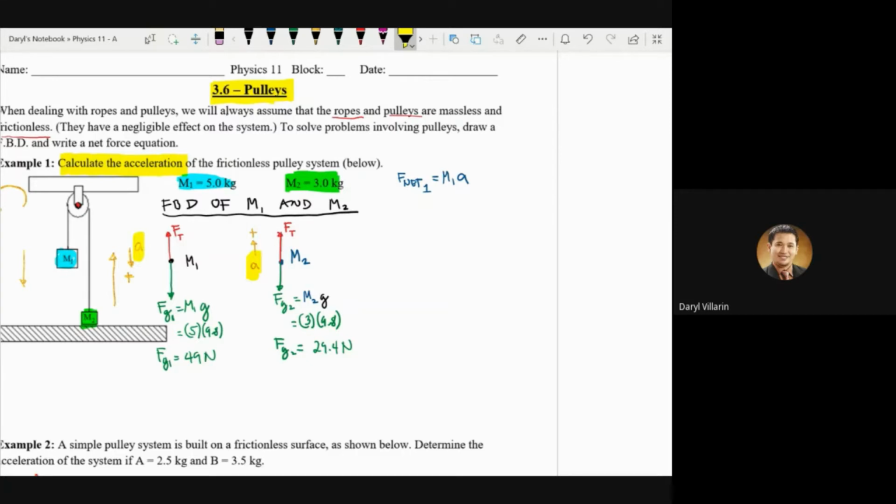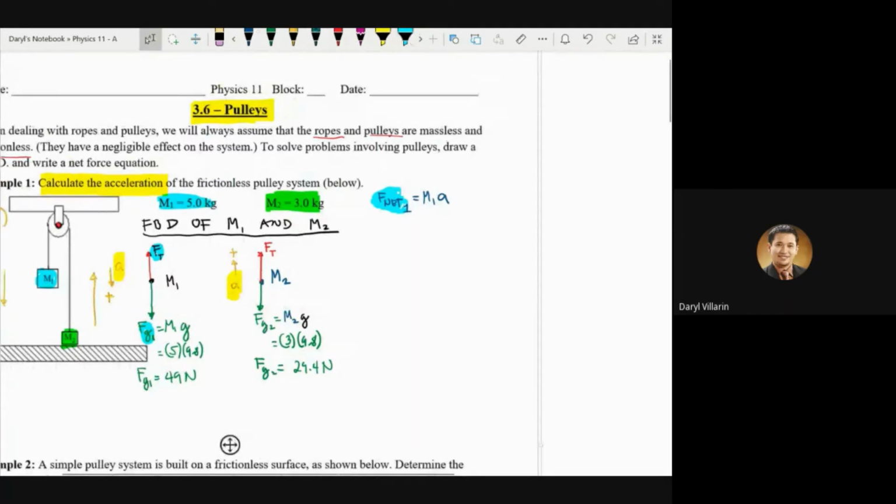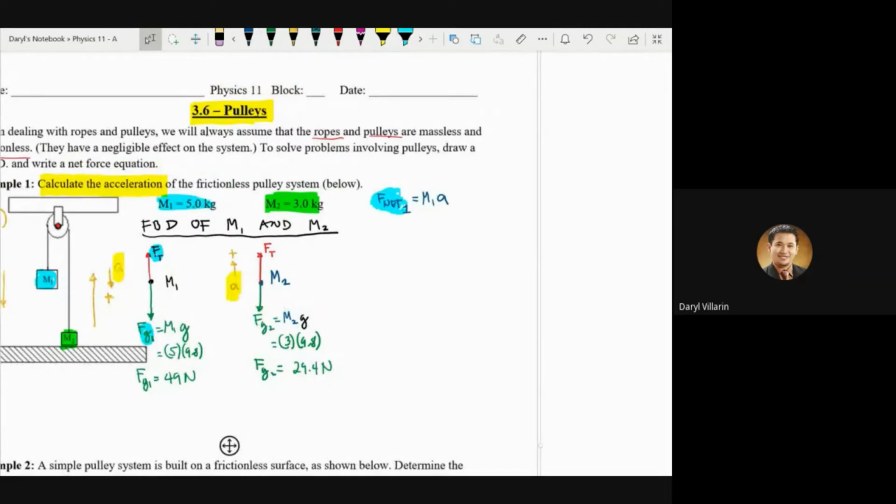Okay, so now I'm going to get the sum. What are the forces acting on my first object? Well, if you can see, that's Ft and Fg1. Okay, so I set my positive direction as downward. So that means that the opposite direction of that would be a negative value. So if I'm going to expand that one, I have Fg1, and that is positive.